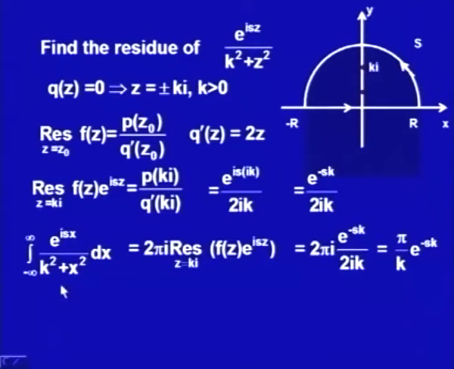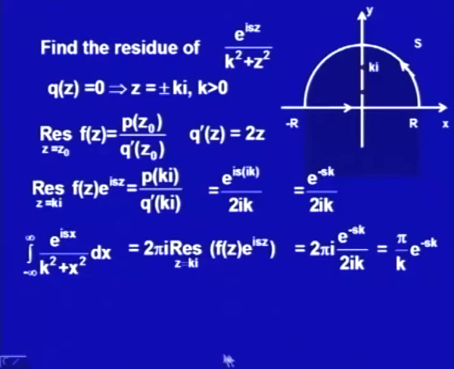So compare this real and imaginary part. Here we are having two parts, one is the real part and another is the imaginary part. The real part would be the integral from minus infinity to plus infinity of cos s x upon k square plus x square, and the imaginary part would be the integral of sin s x upon k square plus x square on the range minus infinity to plus infinity. The evaluation we have got is only a real number, so it has only a real part and its imaginary part is 0.